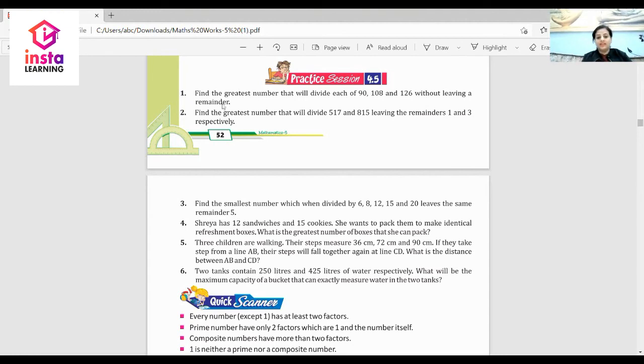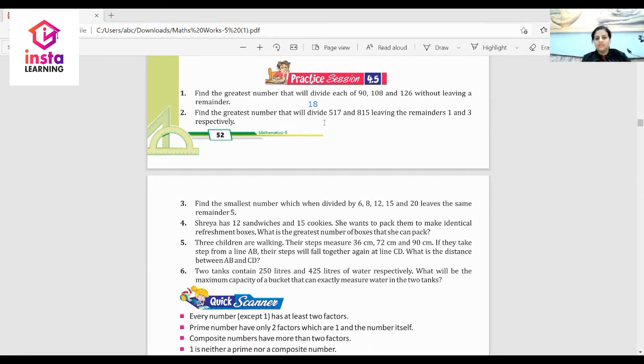So find the greatest number that will divide each of 90, 108 and 126 without leaving a remainder. Means it is totally divisible by 18. Now, what is the greatest number that divides 517 and 815, leaving the remainder 1?